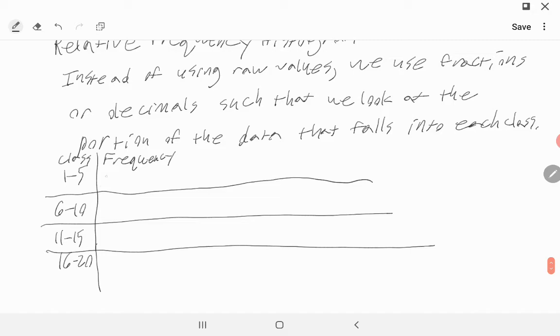If we said something like 7, 12, 18, and then let's go with 3, we notice that we can construct relative frequency.